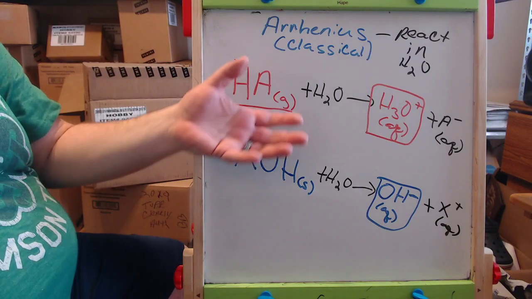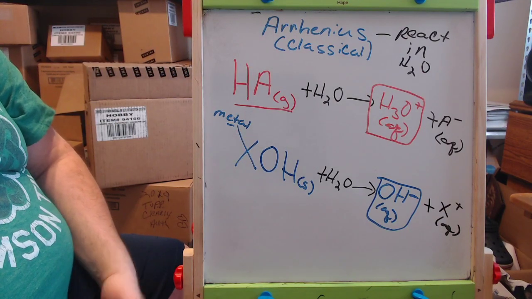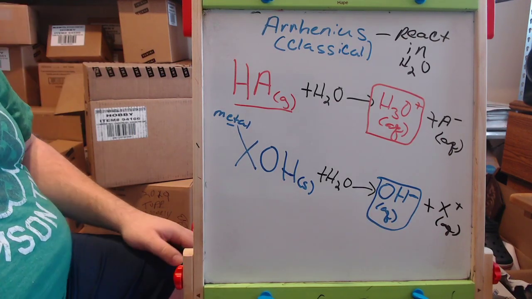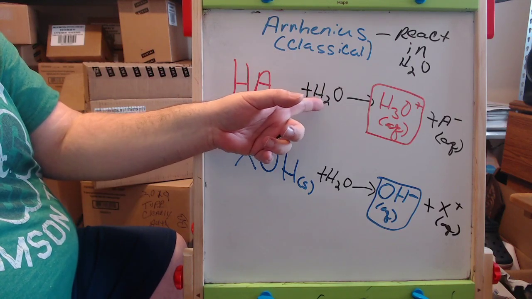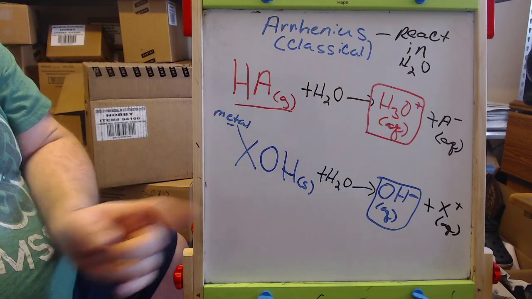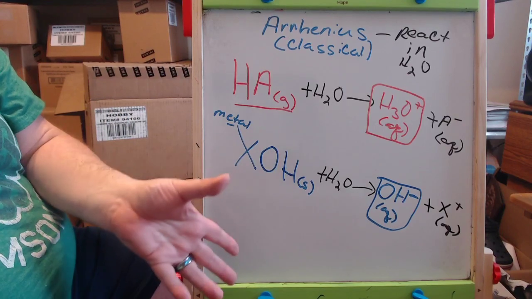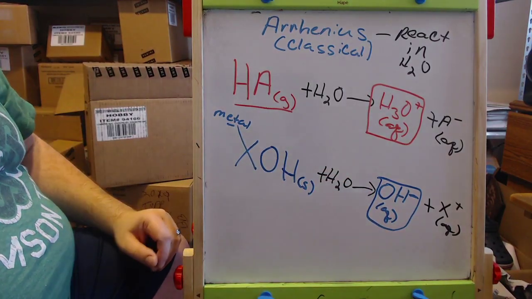So the examples of Arrhenius acids, any of them, HCl, H2SO4, HCN, as long as they're in water and they've created hydronium, they are a classical acid. Bases have to make the hydroxide part soluble, have to create hydroxide when in water, can't be a solid.